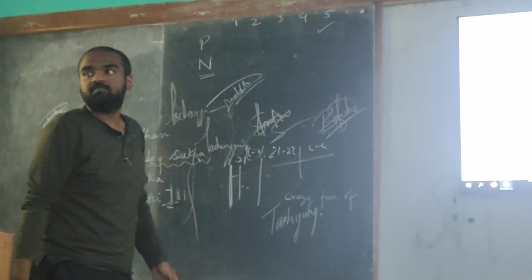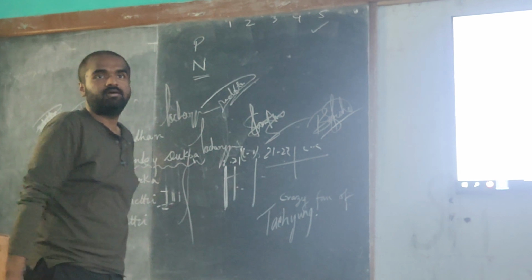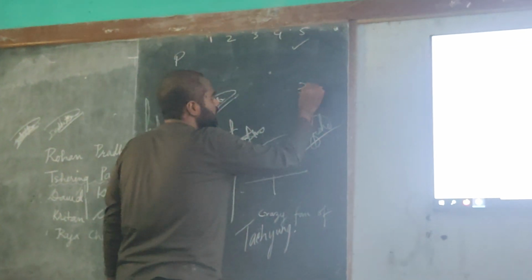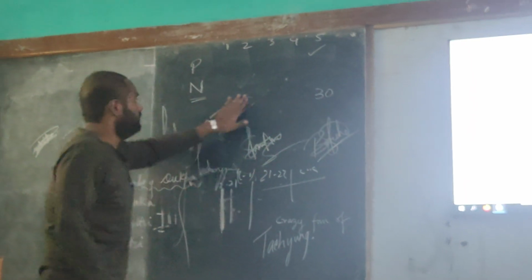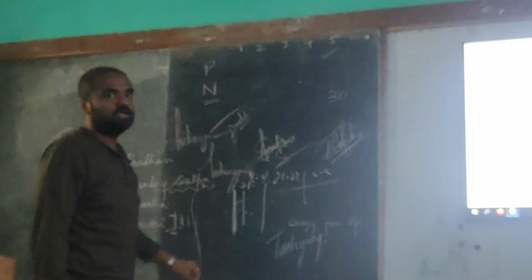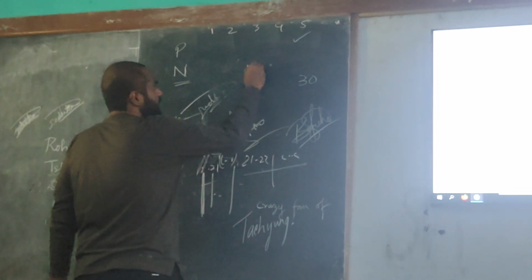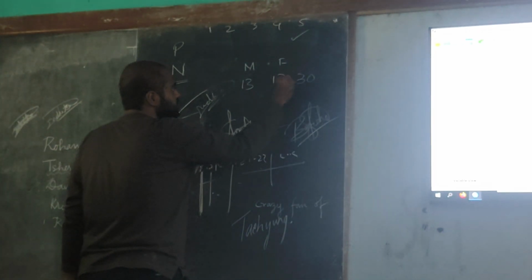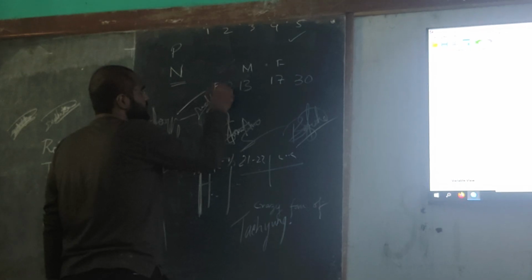Let's say, how many of you went to the excursion? 30. Okay. How many men and how many women? 13 and 17. And this is excursion.